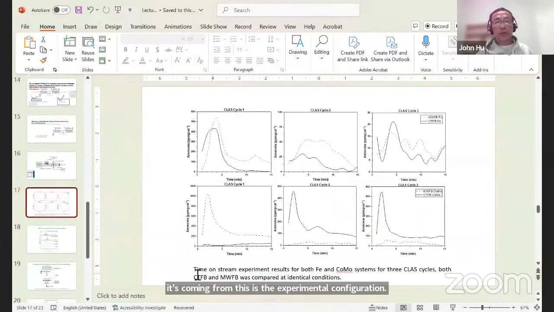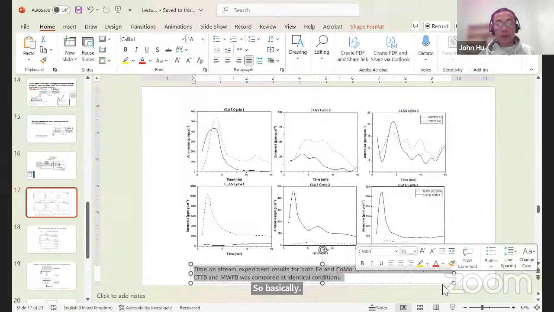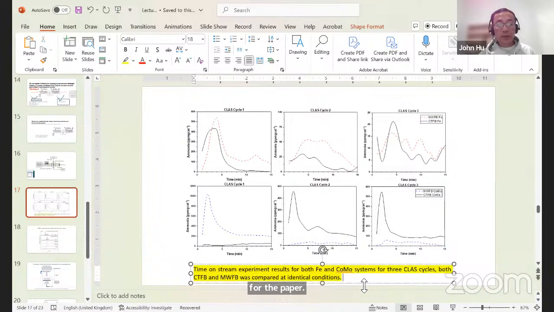So here's the result. I'm going to let you take a look at it. If you haven't read the paper, it's from the paper I sent to you. This is the caption of the paper. If you take a look at the yellow highlight, this is time-on-stream experimental data.